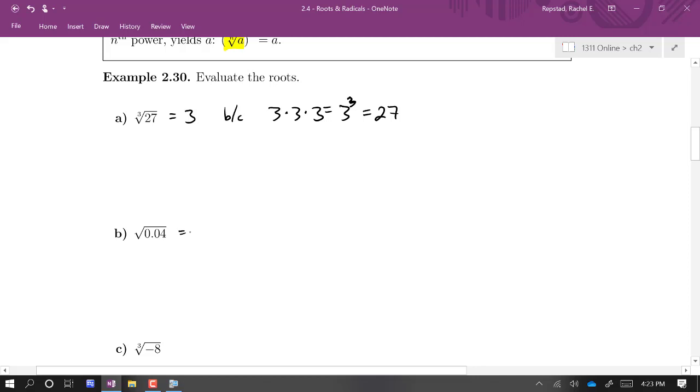We're going to talk about some properties of radicals that'll make it a little bit easier, but for now I'm just going to observe that the square root of 0.04 is equal to 0.2, and that is because 0.2 squared, which is 0.2 times 0.2, is equal to 0.04.